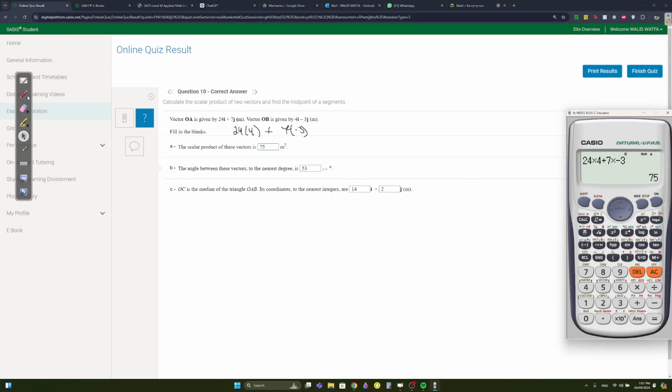You get 75, yeah. What is the angle between these two vectors? We know that the scalar product is also the magnitude of the first vector, let's say A, times the magnitude of the second vector times cosine theta.